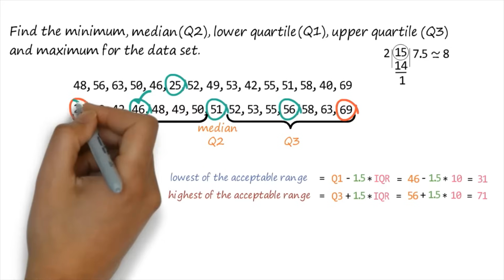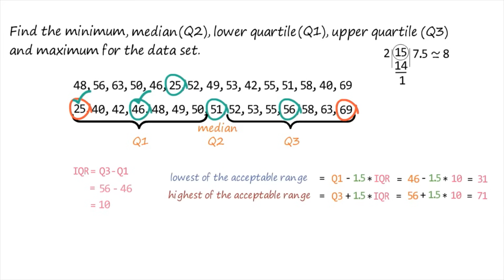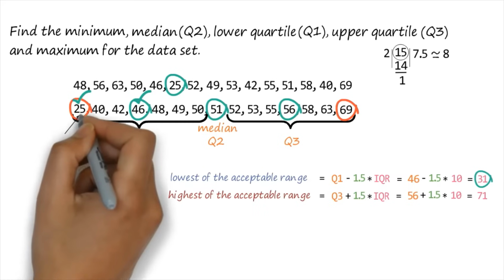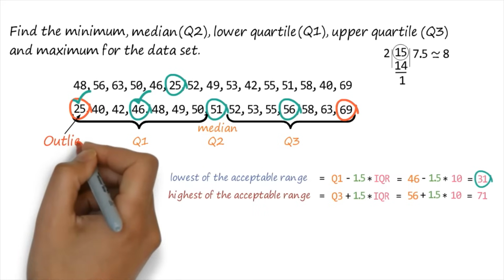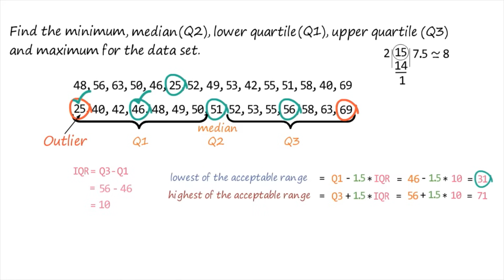See, this is the minimum value. Now see, this 25 is less than this 31. It means the minimum value of the data set is less than the lowest of the acceptable range. So basically it is identified as an outlier, right?